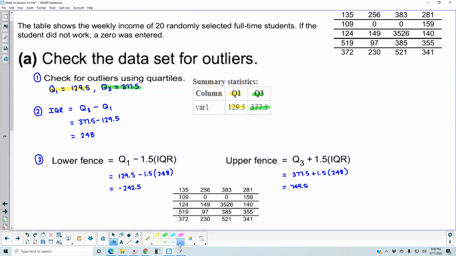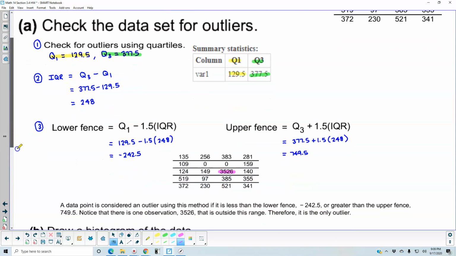If we take a look at our data, we have one number here that's 3,526, that's above 749.5. And are there any other numbers listed there that are outside of the lower and upper fence? Well, there's nothing else there.